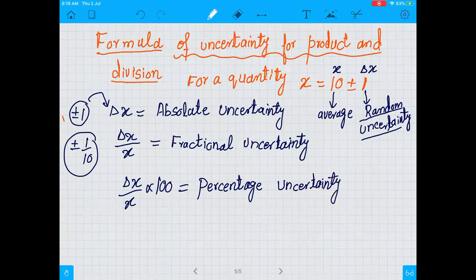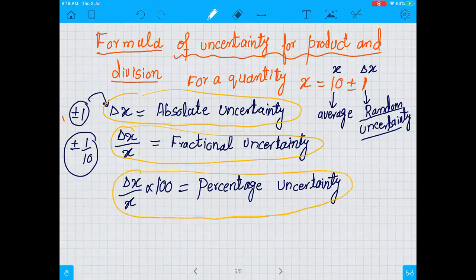So you can calculate the absolute uncertainty, the fractional uncertainty, or the percentage uncertainty. So these are the conventions to write uncertainties. However, right now our task is to find the formula for uncertainty in the product of values.